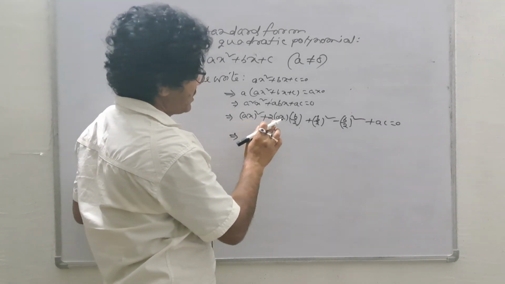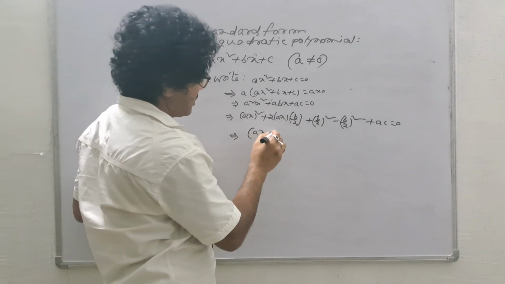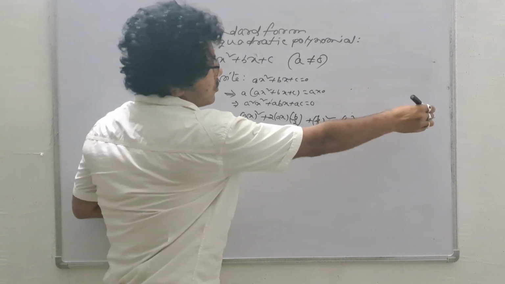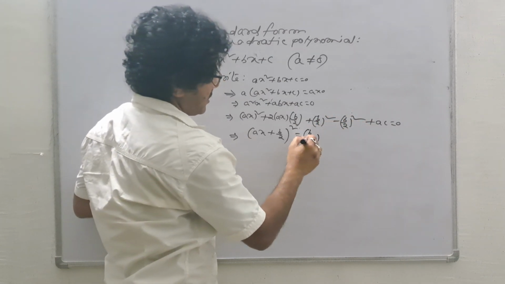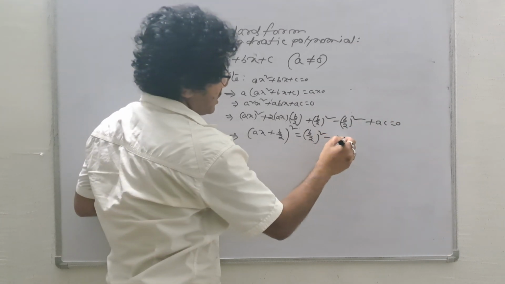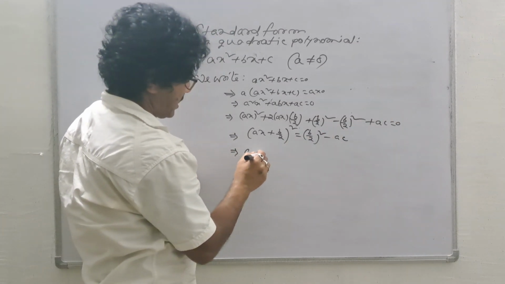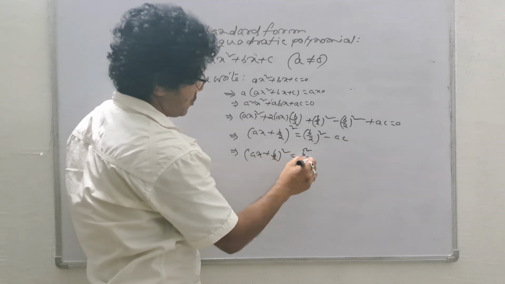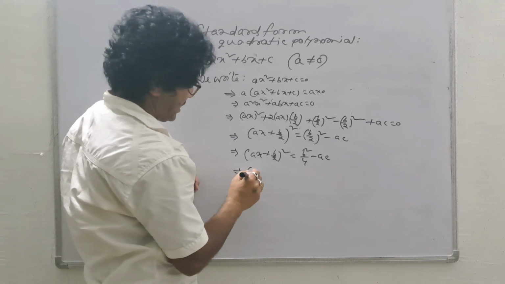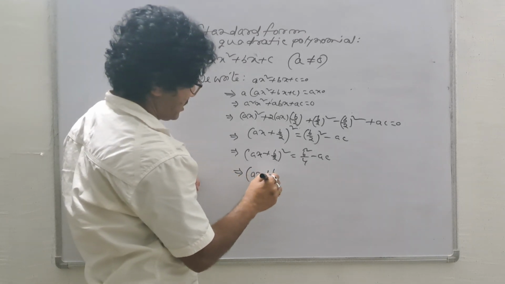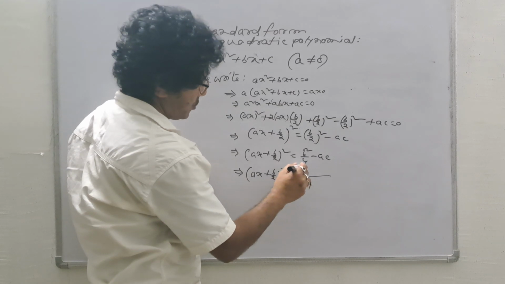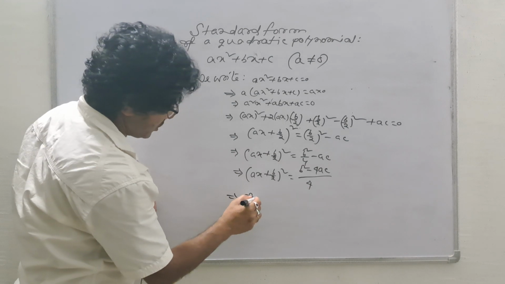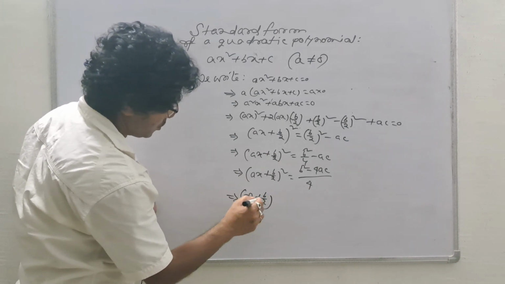So by the a square plus twice ab plus b square formula, it is ax plus b by 2 whole square, and this minus you take to this side, then it will become plus, and this plus if you take to this side, it will become minus. So ax plus b by 2 whole square is b square by 4 minus ac. Take LCM: b squared minus 4ac over 4.